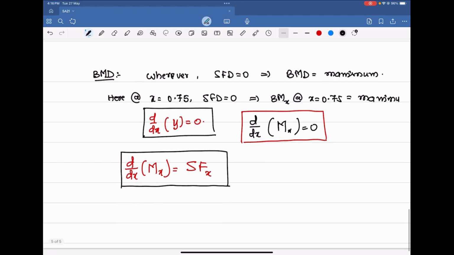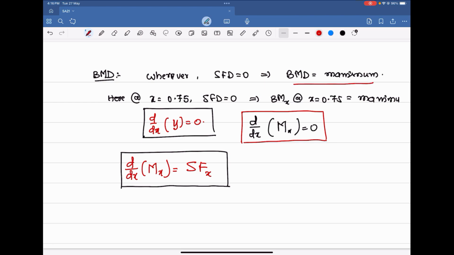For maximum bending moment, shear force should be 0. Shear force is 0 at what point in this example? At 0.75 meters. When shear force is 0, bending moment is maximum. That is the logic behind it.